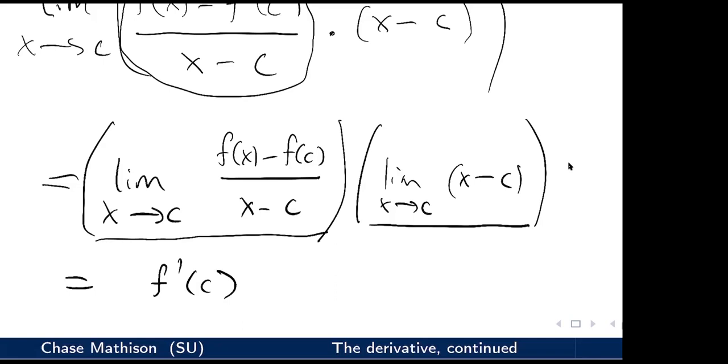Well, we can look at a graph really quick. Here's c. So x minus c, well, it has a slope of 1. So that means if I go up c, I have to go over c, right?